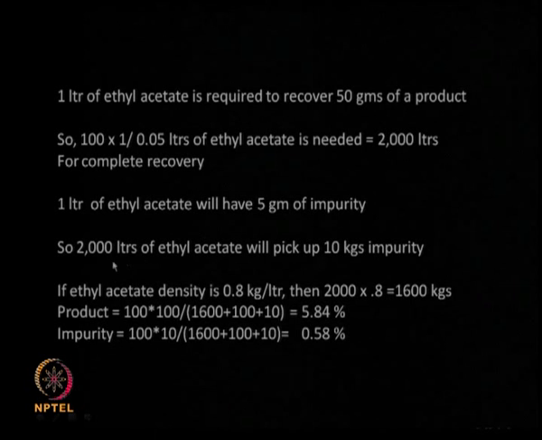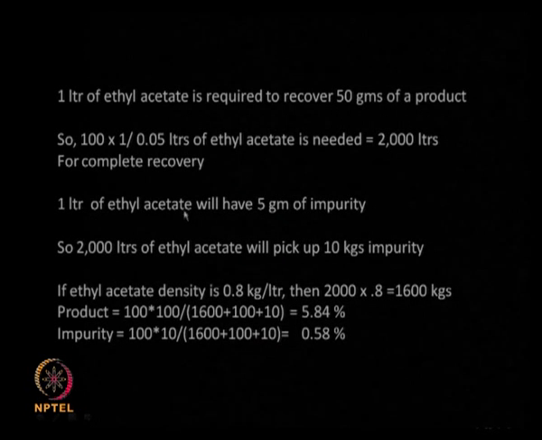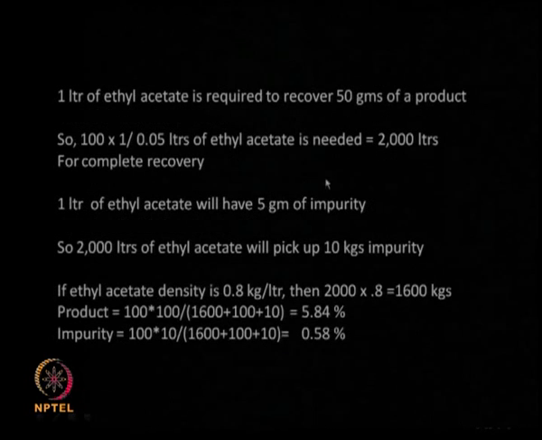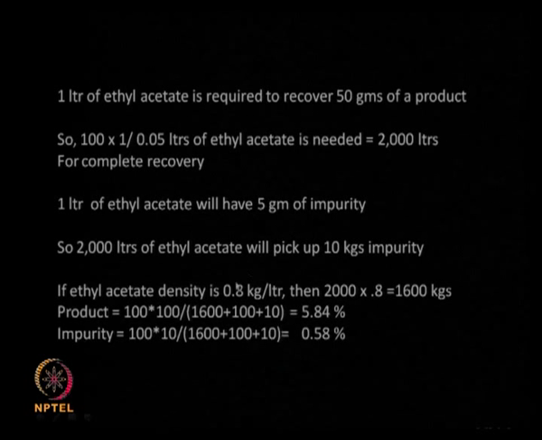Now if you remember, the problem says 1 liter of ethyl acetate will also have 5 grams of impurity. So when I take 2000 liters of ethyl acetate, what will happen?